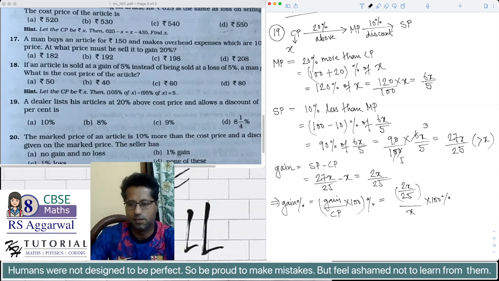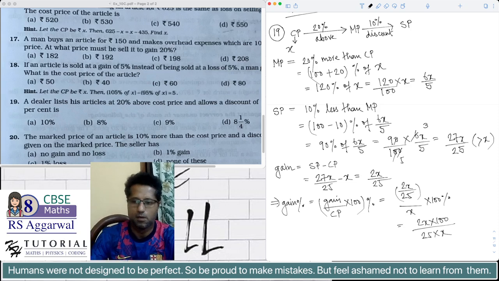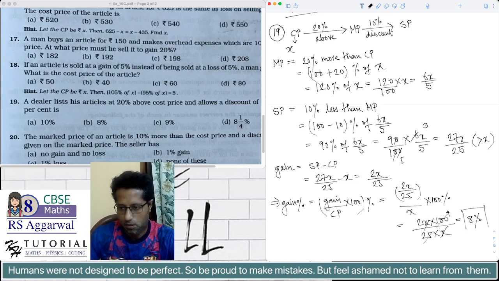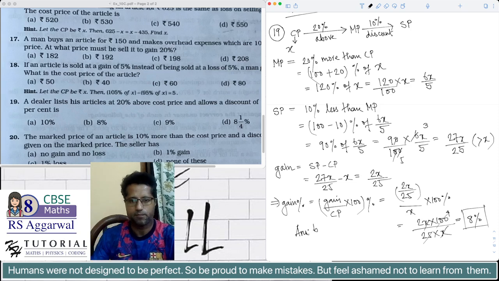This is equal to 2X multiplied by 100 divided by 25 multiplied by X. X cancels out. 25 divides 100 four times, and this is 8%. So the gain percent is 8%, and hence the correct choice is B. B is the correct choice.